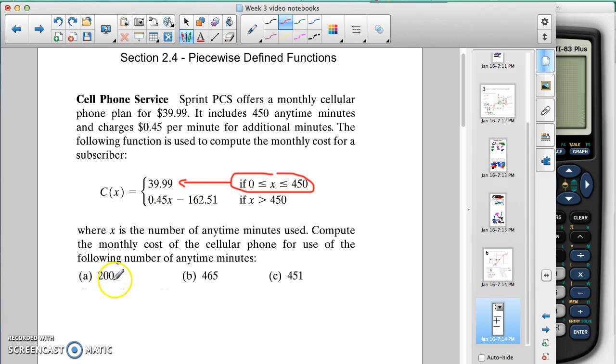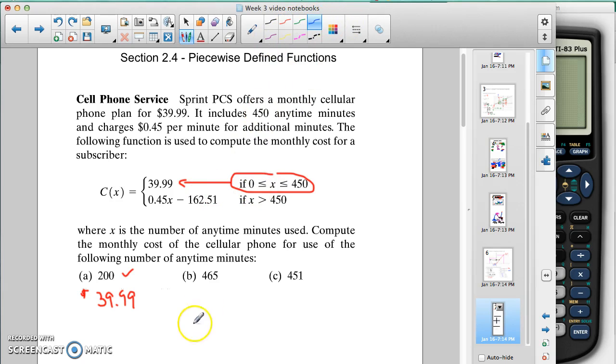So this one is going to be in that range. These are not, they're bigger, so they're going to use the other part of the function. My answer for 200 is going to be $39.99 because 200 minutes is less than 450. It's between 0 and 450, so we're going to use that rule.